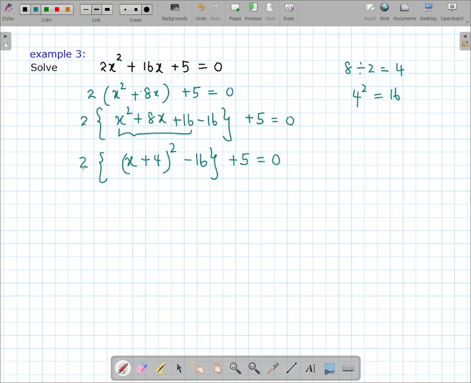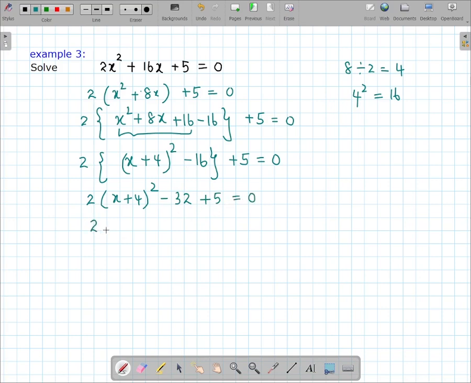Then I'm going to expand this curly bracket by 2. 2 times (x plus 4) whole thing to the power 2. 2 times minus 16 is minus 32, plus 5 equals 0.